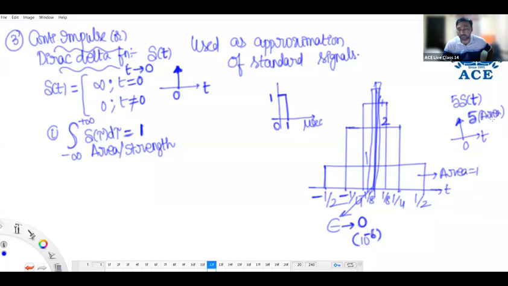Some signal area is taken as 5 units. That is approximated as impulse. Out of the available signals, impulse is the only signal that is represented by area concept.